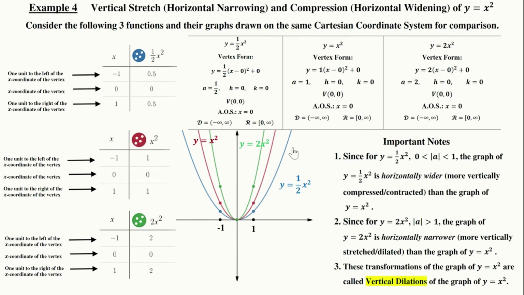Now, as far as where these come from, notice that when you put them in vertex form, all of them are going to have 0, 0 for the vertex. So the vertices are all the same, and the domain and range will be the same for all of them.